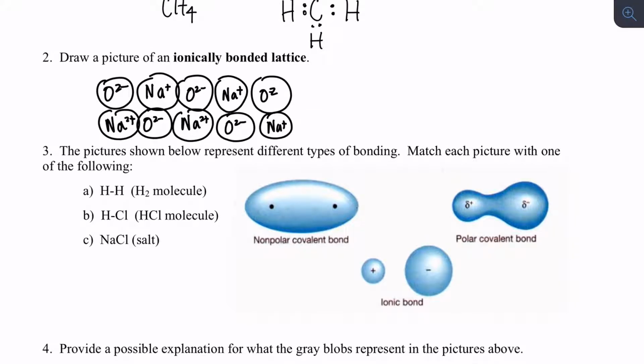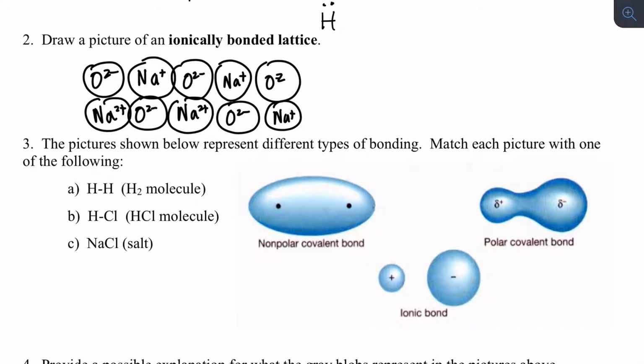For number 3, the pictures shown below represent different types of bonding. So match each picture with one of the following. So H2, you might guess that this would probably make something that looks the same, as in they're the same element, so the structure should look very symmetrical. And so that would probably go with this one. HCl, we have them covalently bonded, but they might not look very symmetrical based on their individual properties, which we haven't quite learned yet.